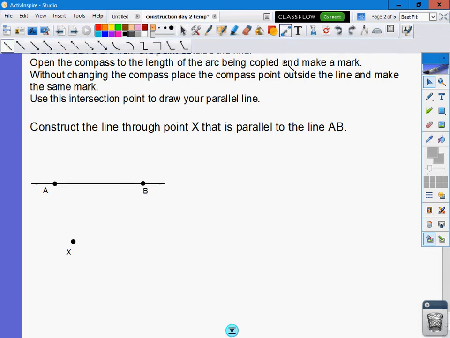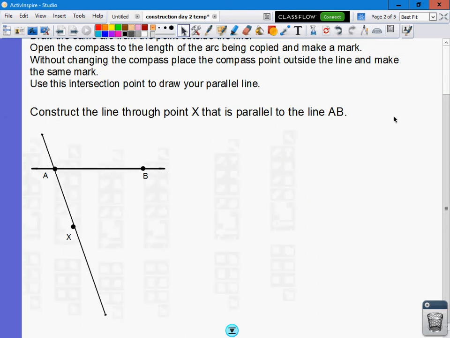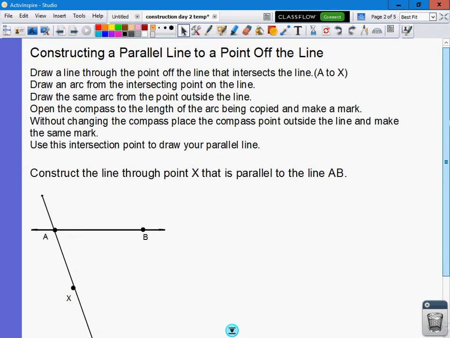So, just take a straight edge and connect A to X with a line. Everybody that far? We're okay drawing that line.